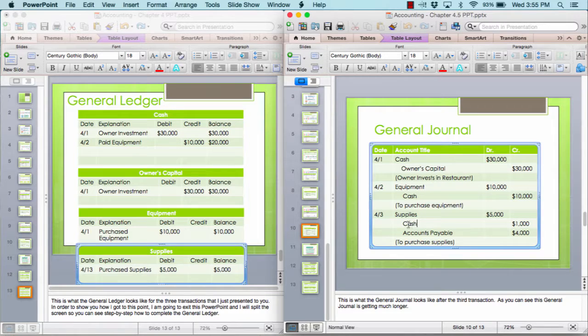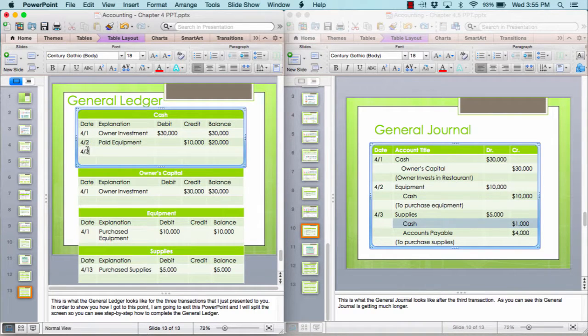And then we paid part of that $5,000 in cash for $1,000. So we go up here and we record on April 3rd, we paid for supplies in the amount of $1,000. So now our new balance here is going to be $19,000.